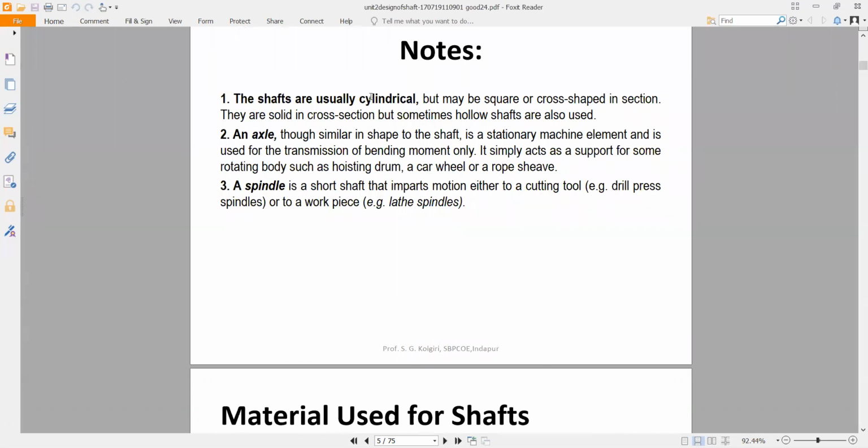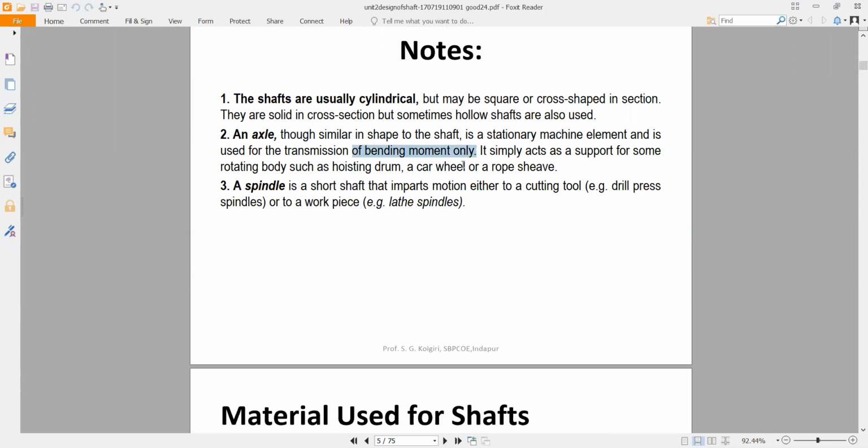Most of the time the shaft is cylindrical. This one we can apply to an axle, like on a train. The shaft is a rotational machine element. In this case only bending moment is applied.